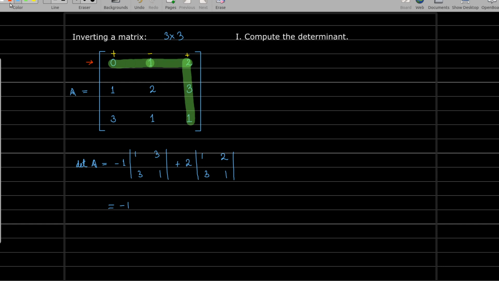We compute this using this scheme, right? Do it like this. That means minus 1 times, 1 times 1 is 1, minus 3 times 3 is 9. Then plus 2, again the same thing.